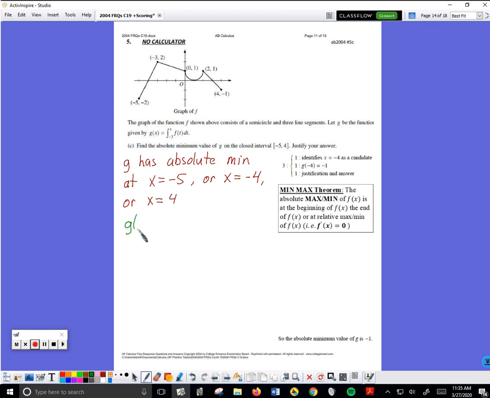So G of negative 5 is going to equal the integral from negative 3 to negative 5. That catches my attention because this is backwards, so we're going to fix that in a second. So we do negative 1 multiplied by the integral, reversing the limits. So we're starting at negative 5, going over here to negative 3.